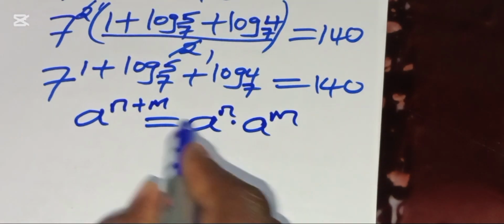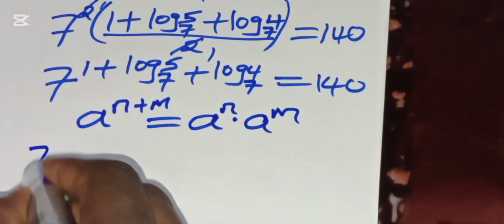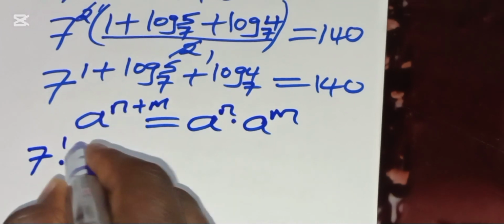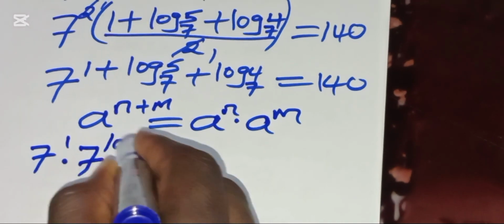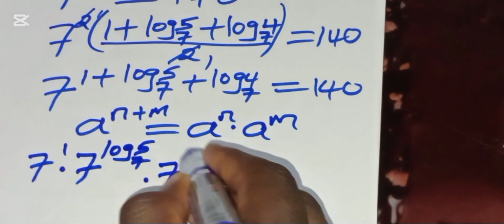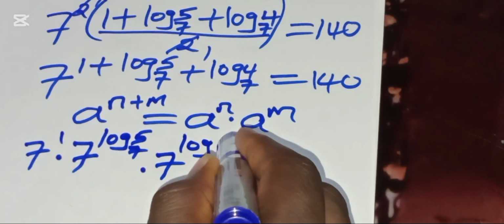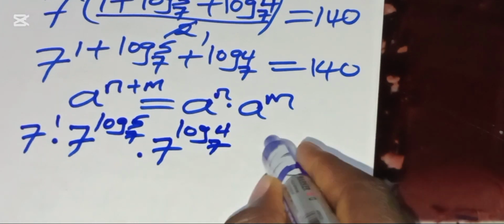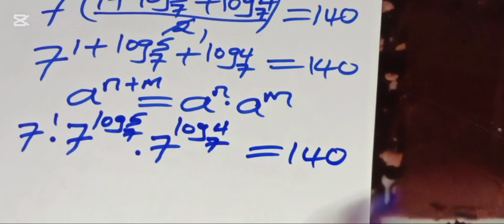So let's apply this property so that we're going to have 7 raised to power 1 multiplying by 7 raised to power log 5 to base 7 multiplying by 7 raised to power log 4 to base 7, and this is equal to 140.